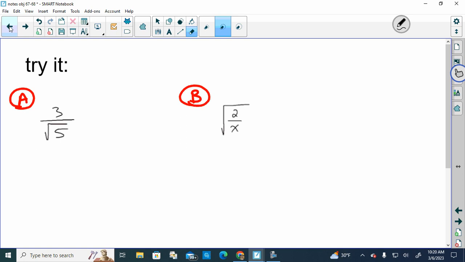So there's going to be an A, B, and a C. Okay, everybody have those 2 written down so I can put the 3rd one up.